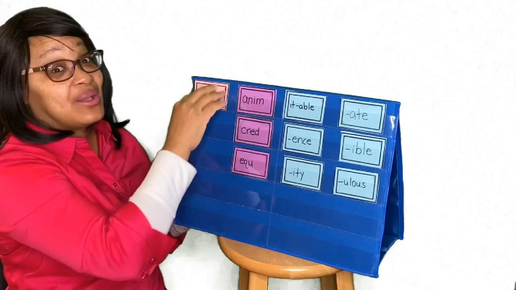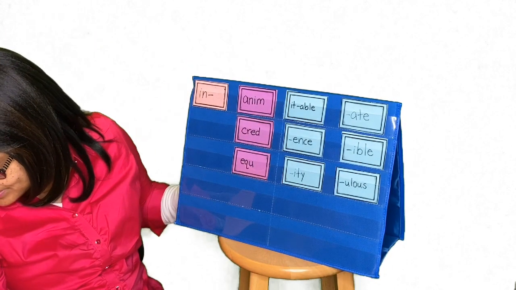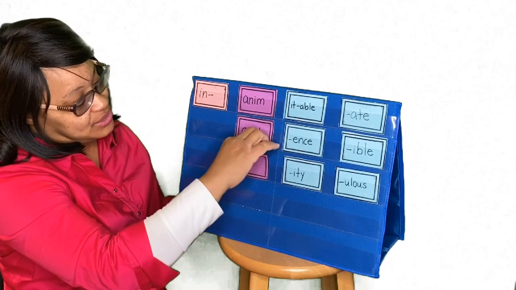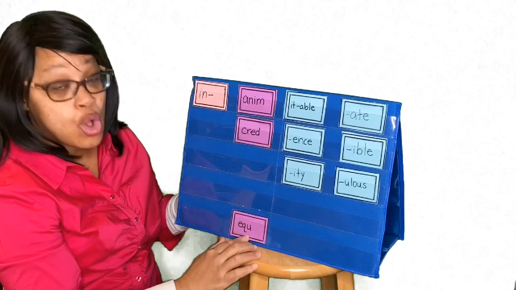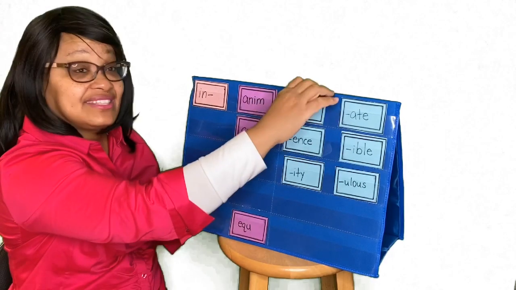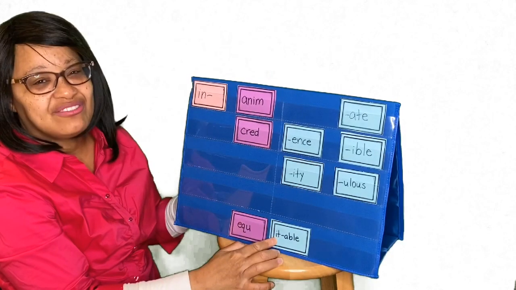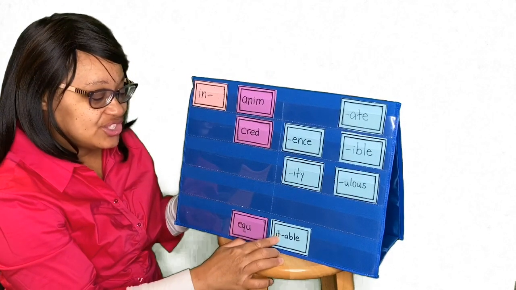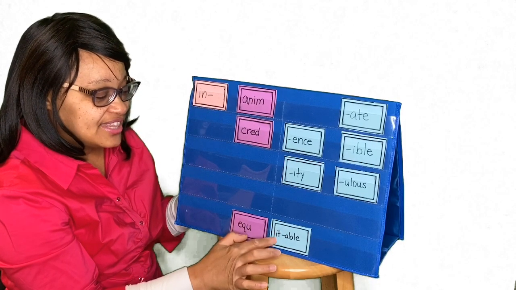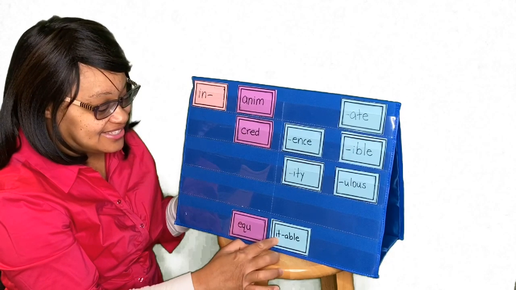And let's try one more. Let's make equitable. Equitable. So we have equ, and we need itable. Oh, itable. So we know that the it is not really a word. It's just serving as a connecting sound that is using the vowel and consonant IT.